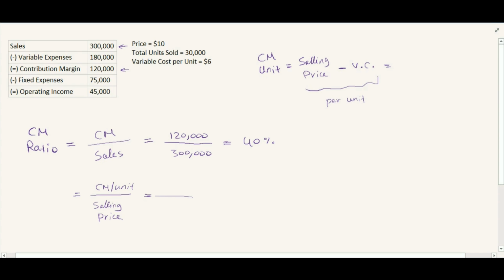So the selling price per unit is $10 minus the variable cost per unit of $6, and that will give us 4. So the CM per unit is 4. So 4 divided by the selling price of 10 will give us 40%. These are the two methods that we can use to calculate the CM ratio.